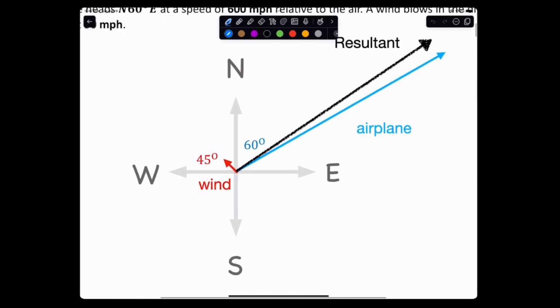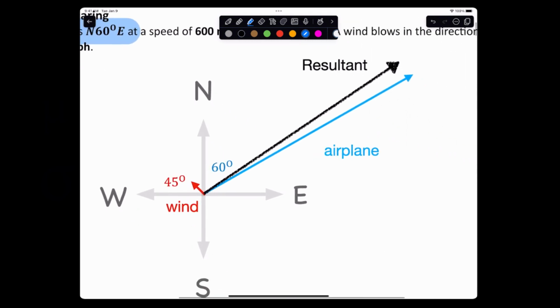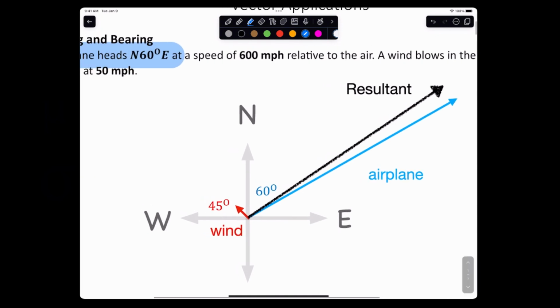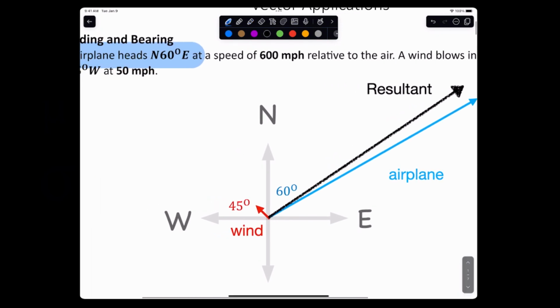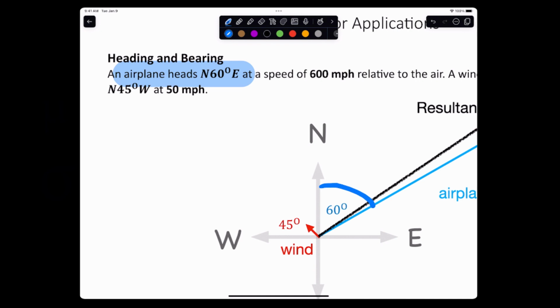Northeast, 60 degrees. In this picture, the airplane, which I labeled in blue, is that blue vector there. When they say north 60 east, they mean that this is the angle right here.